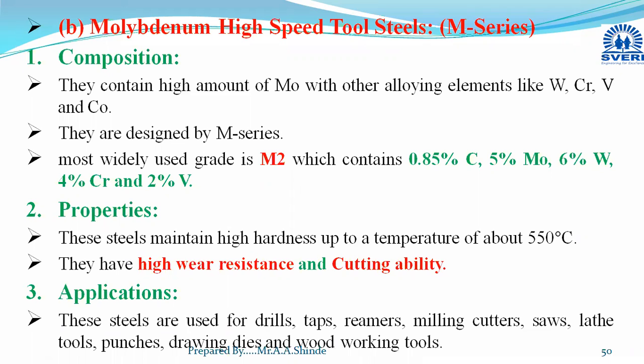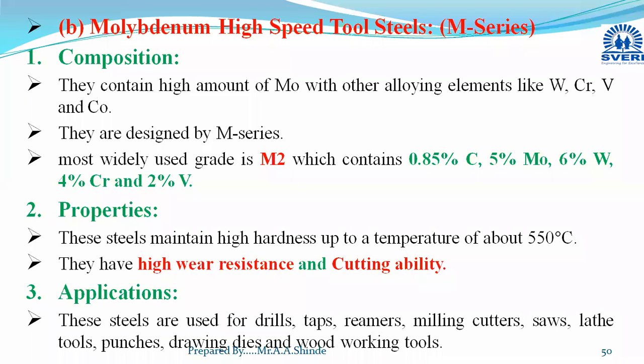Okay, and related to the comparison of these two high speed tool steels, the molybdenum type high speed tool steels are less expensive, or cheap in nature.